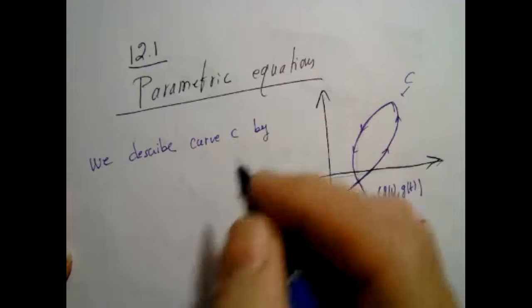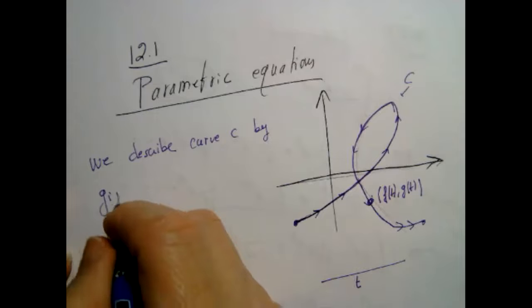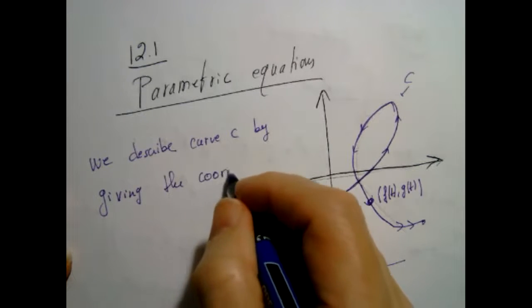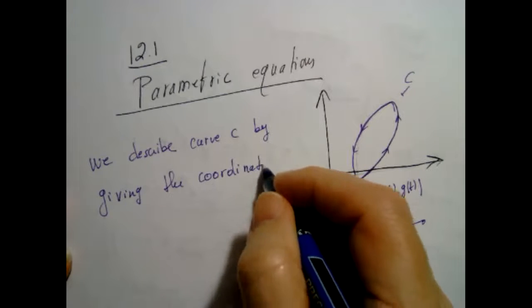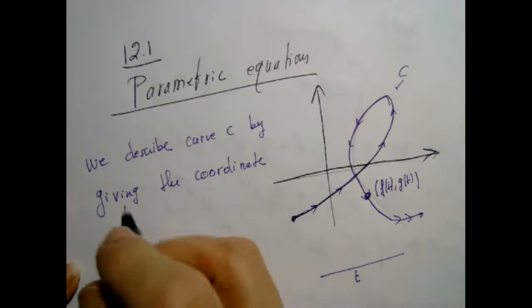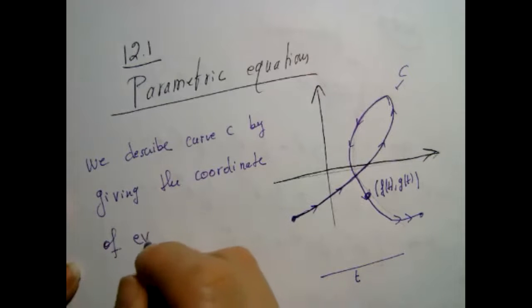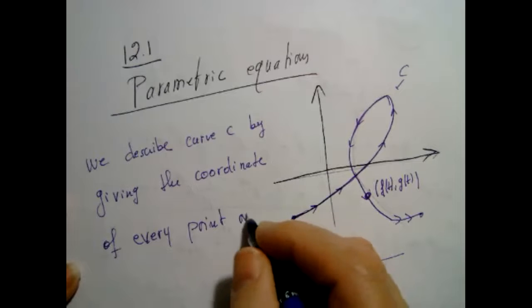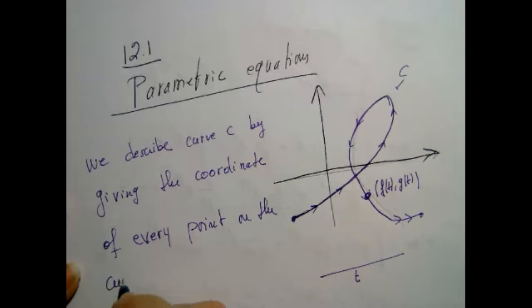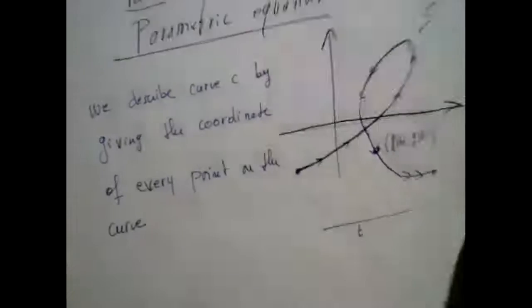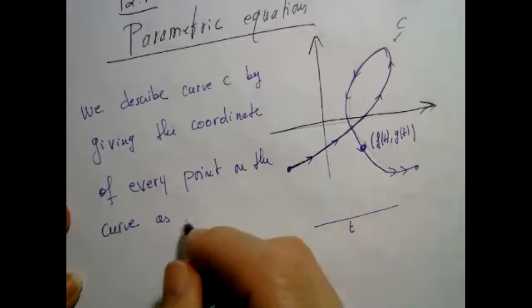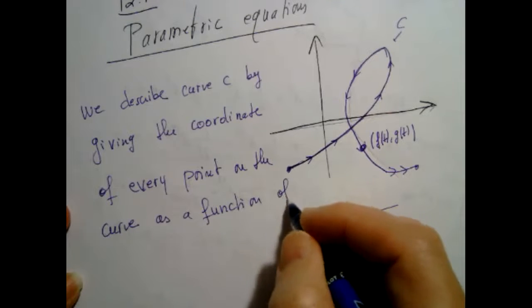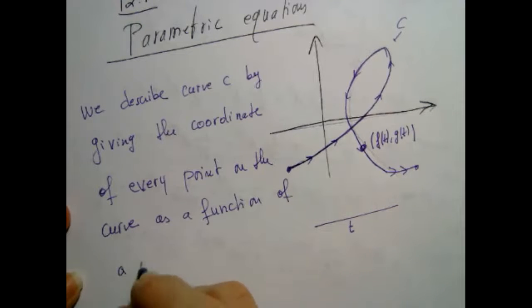We describe the curve by giving the coordinate of every point on the curve as a function of a parameter t, that we think of as time.